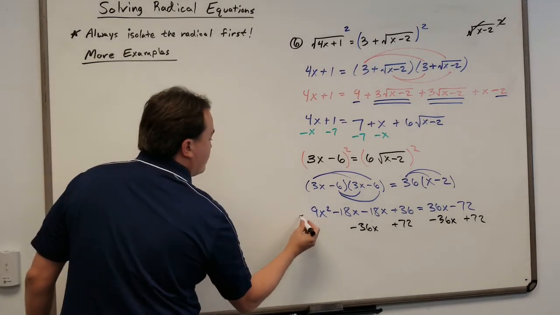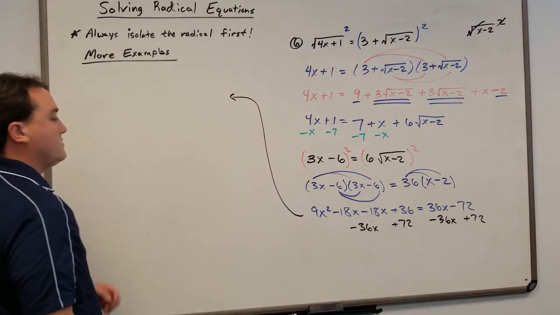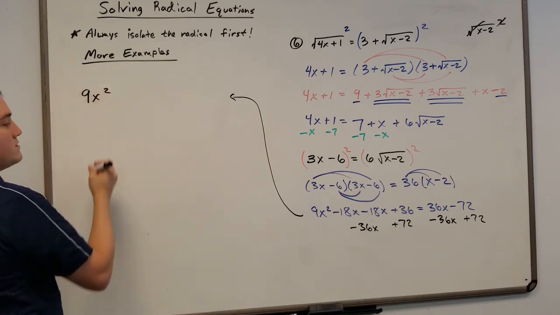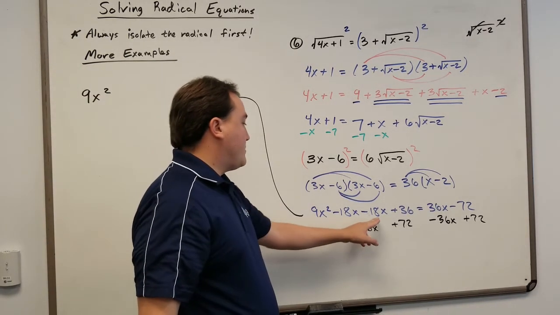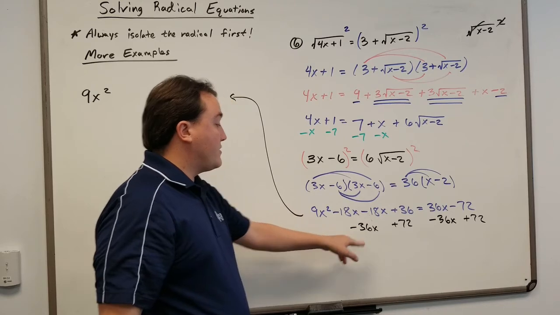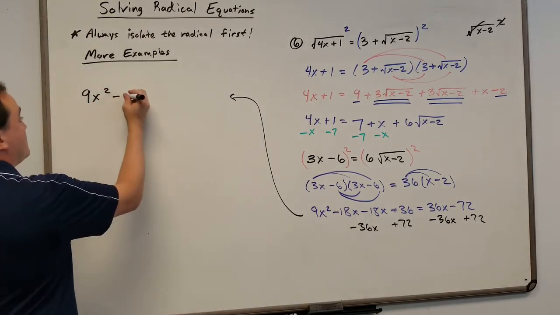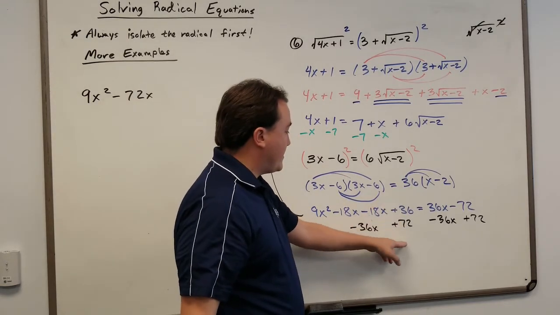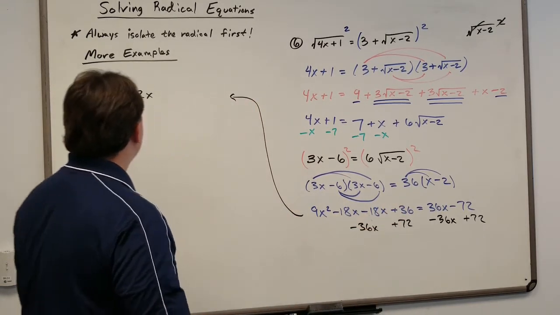So here we get 9x squared. Negative 18 minus 18 is negative 36. Minus 36 is negative 72. 36 and 72 make 108.